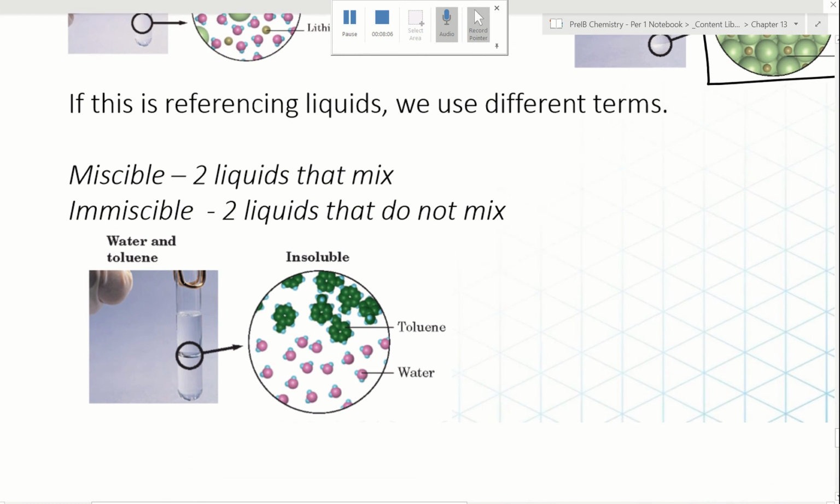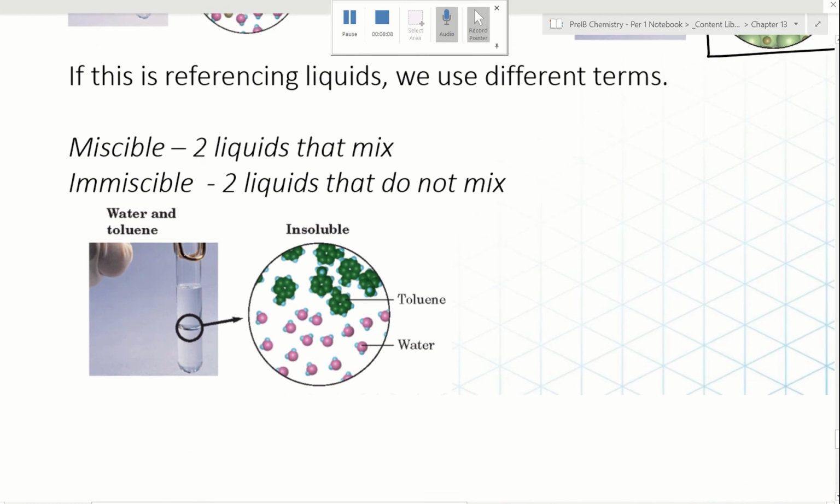If we're referencing two liquids, we use different terms. Two liquids that mix readily are said to be miscible. So alcohol and water, vinegar and water are miscible. Oil and vinegar, oil and water are immiscible. Toluene is a very common organic compound.